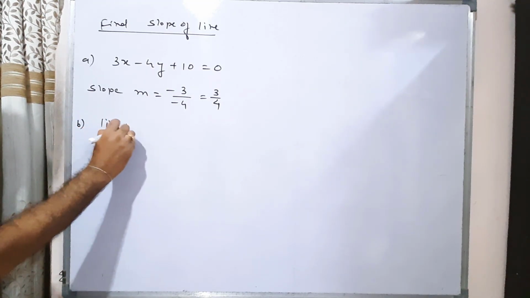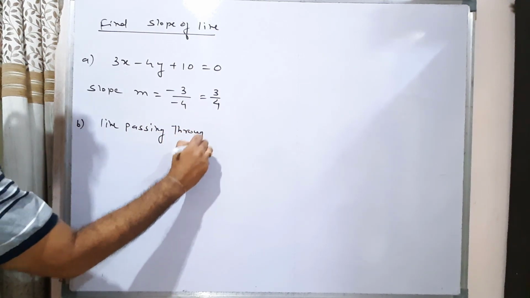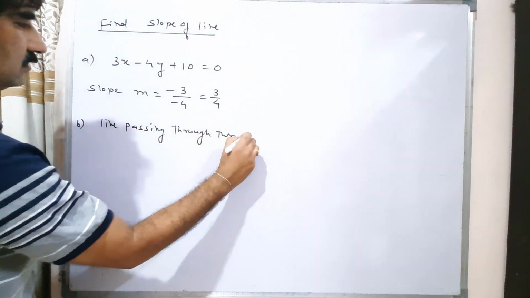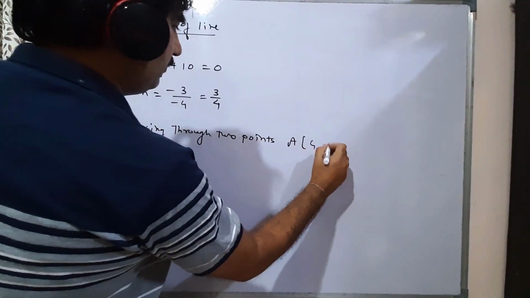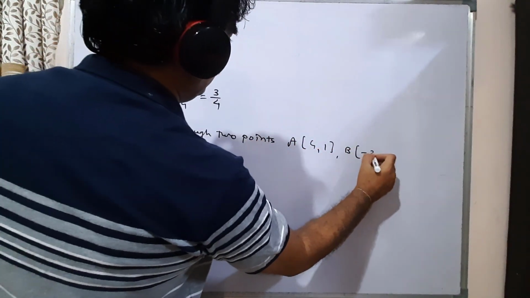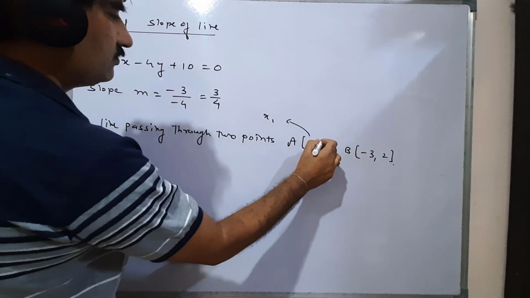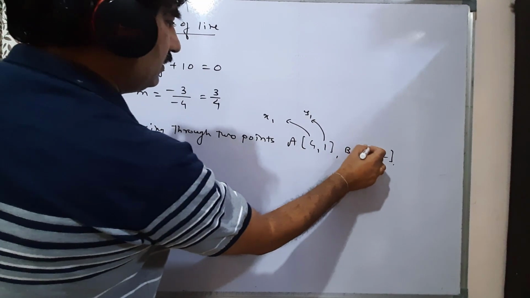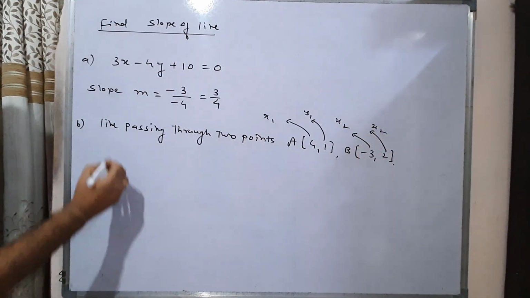Now the line passing through 2 points A(4, 1) and B(minus 3, 2). Now this is x1, this is y1, x2, this is y2.